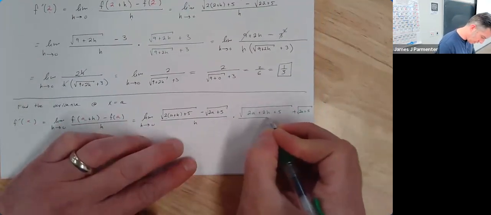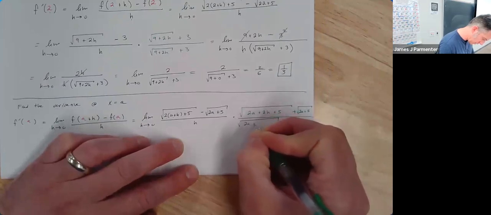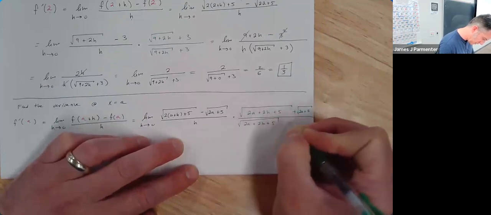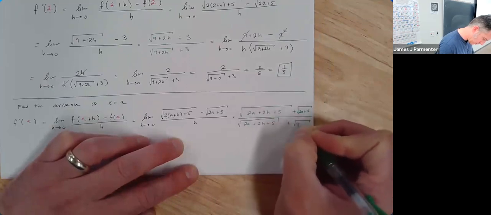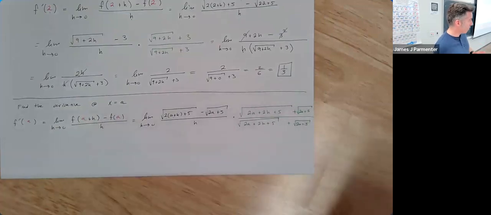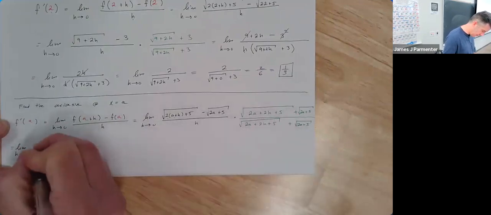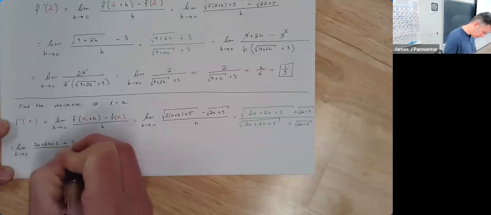And then over the same thing, the square root of 2a plus 2h plus 5 plus the square root of 2a plus 5. And just like before, we multiply out the things that are conjugates. So on top, we're going to get 2a plus 2h plus 5 minus 2a plus 5.